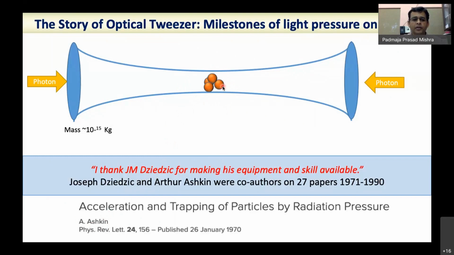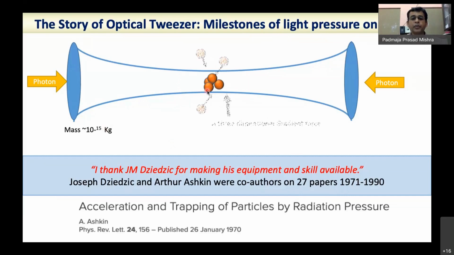Afterwards, Arthur Ashkin and James together published about 27 papers between 1971 and 1990, where he explained the other parts of optical tweezers. So this paper clearly explained the trapping of particles when there is a three-dimensional gradient beam.